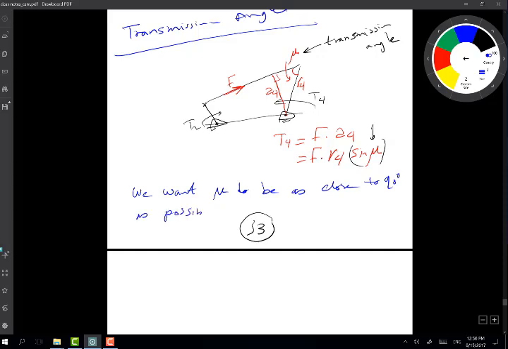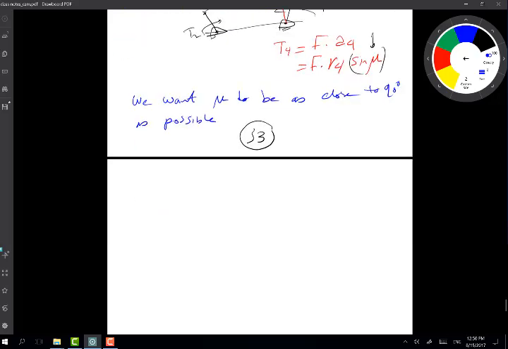Of course, it will not be exactly 90, but it's something we want to achieve in design, as close to 90 degrees as possible. Mu is not constant, exactly like mechanical advantage.